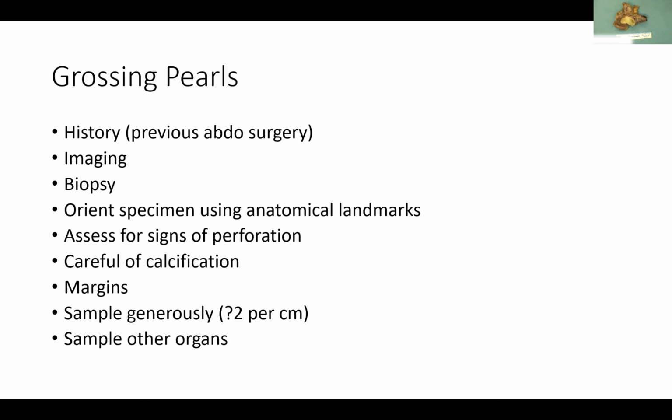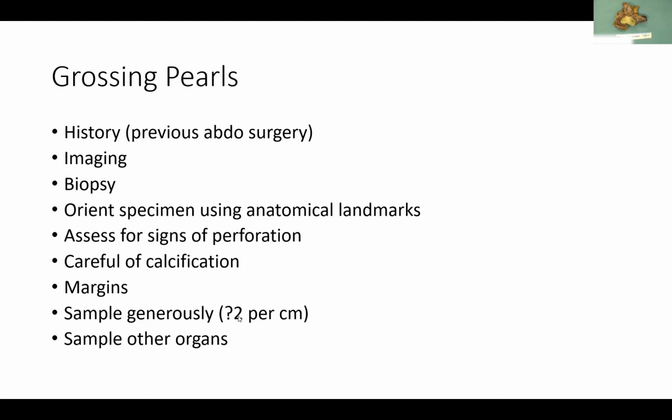When it comes to orienting your specimen, really to know the lay of the land here, use your anatomic landmarks to know where you are. Assess for signs of perforation, because that would be important clinically as well. So be careful of calcification. These can get calcified, so be careful when you're cutting that. That's where the imaging will be helpful. They would be able to see that. Be mindful of your margins, of course. Sample generously.